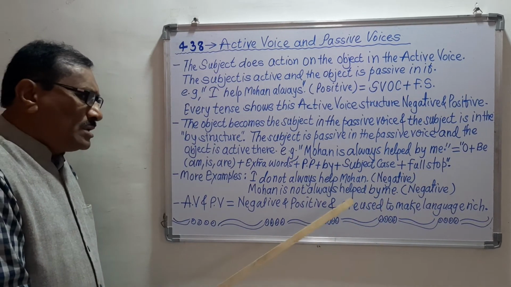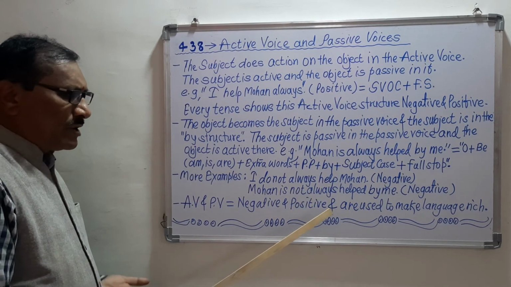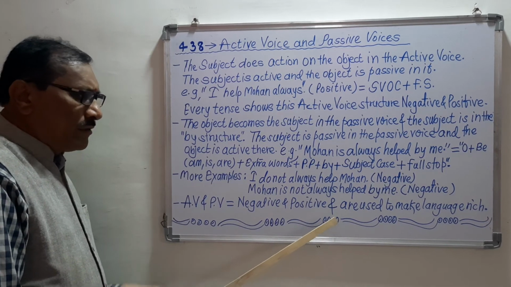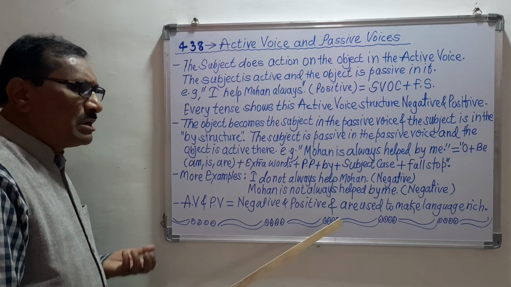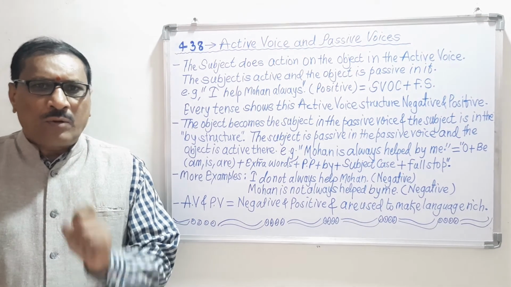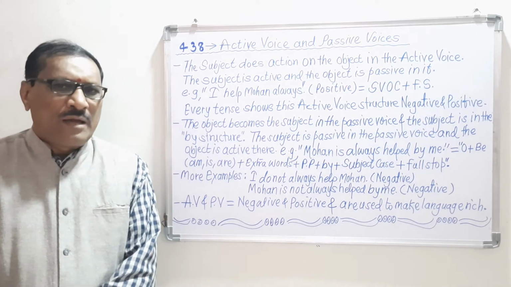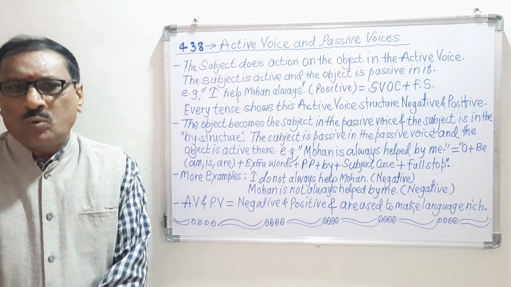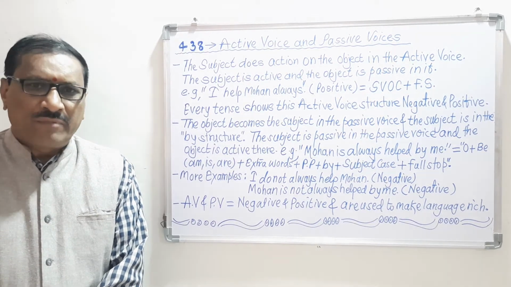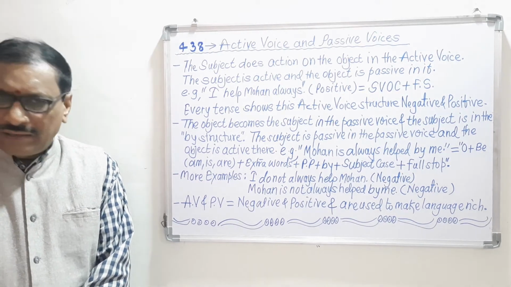Remember, these active voices and passive voices are very much important because they are used for making our English language very much rich. Today I have told you in this video the active and passive voices. Remember, they are very much important for speaking English and for writing English.